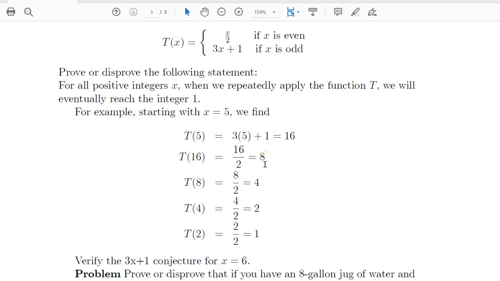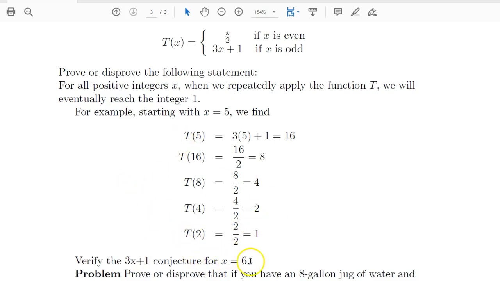T of 16 is 8. Because 8 is even, the first row applies again. T of 8 is 4, T of 4 is 2, T of 2 is 1, so we reach 1. So the conjecture is true for 5.